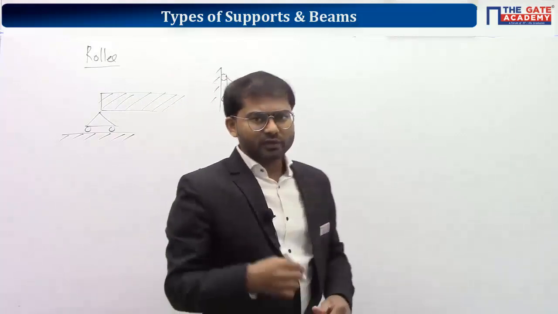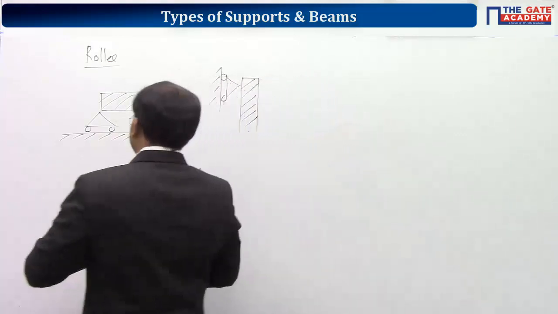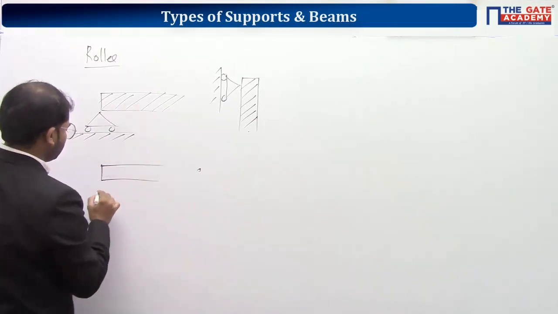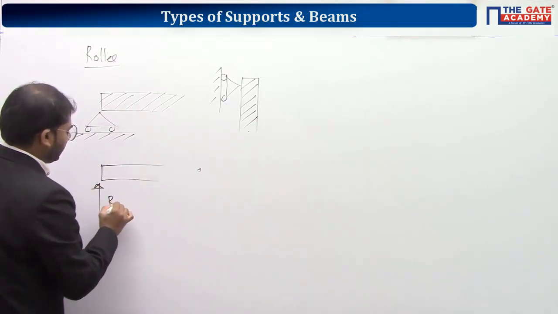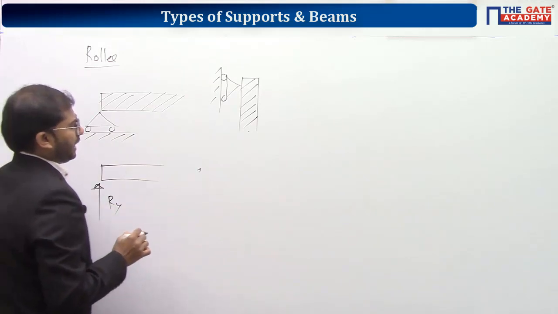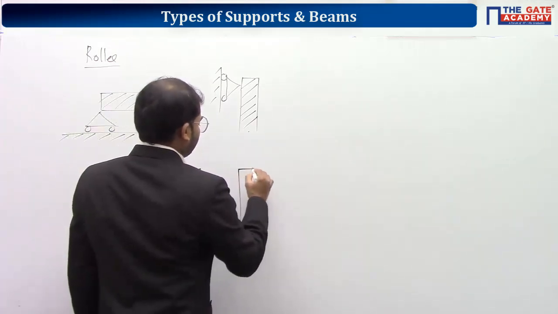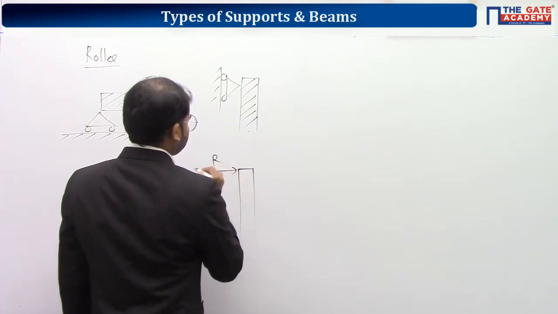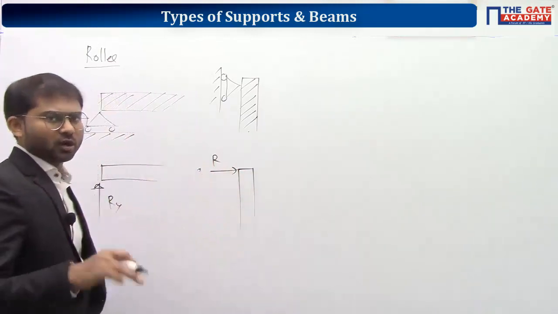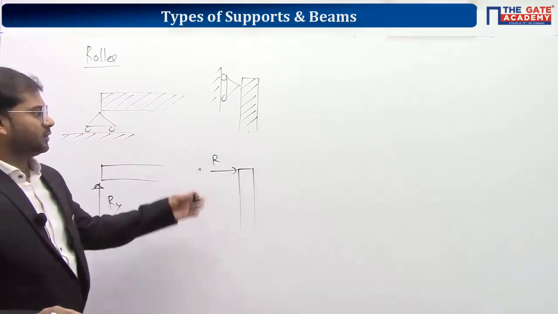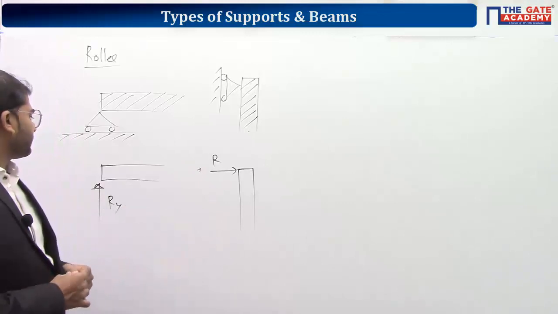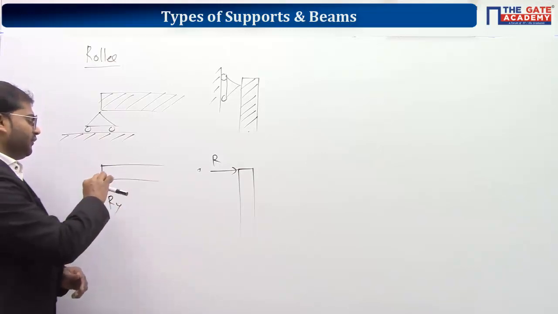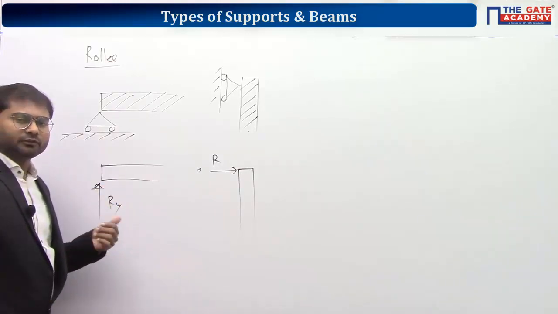Clear? So whenever you take a roller support, you will have one reaction force. Mostly you'll be dealing with these types of beams. So whenever you see a roller support, you'll be putting Ry. So here we'll have a reaction force like this. I'm not putting Ry here, or Rx here, so as not to confuse you. Please remember that you'll have a reaction force in one direction, and we are putting the reaction or restrictive force only where movement is prevented.